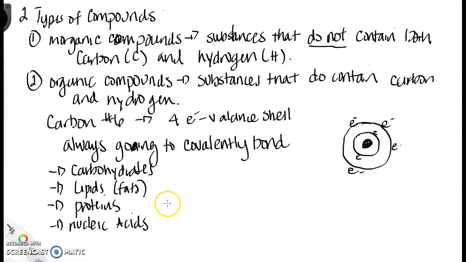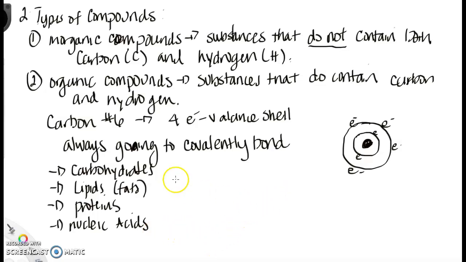So these are all organic carbon-based molecules. They're basically long chains of carbons with a bunch of functional groups hanging off of them. So these functional groups kind of provide their characteristics and their ability to bond with things.